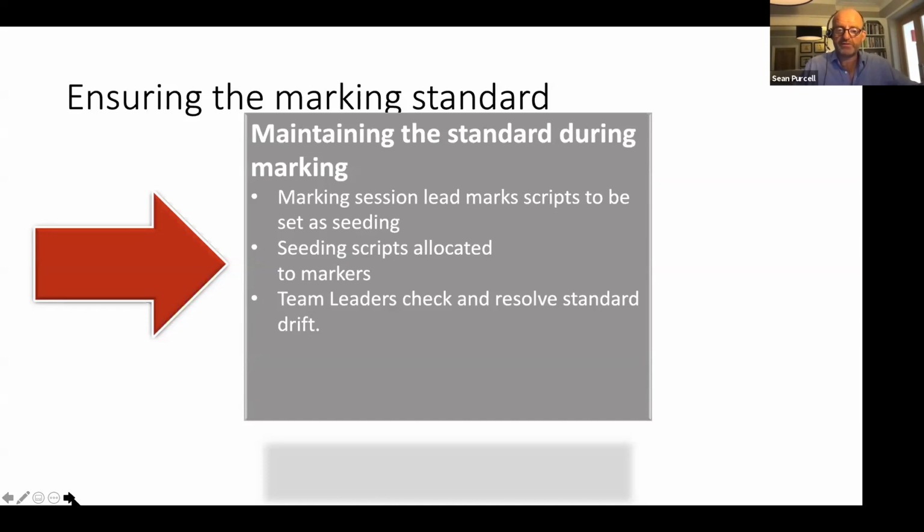It will be a secret script included in their scripts to mark, and if they don't achieve the appropriate mark in the seeding script, they could be stopped from marking and asked to retrain because they're going too far off the standard which they previously had proven to be able to observe. So my point is, it's really, really thorough.